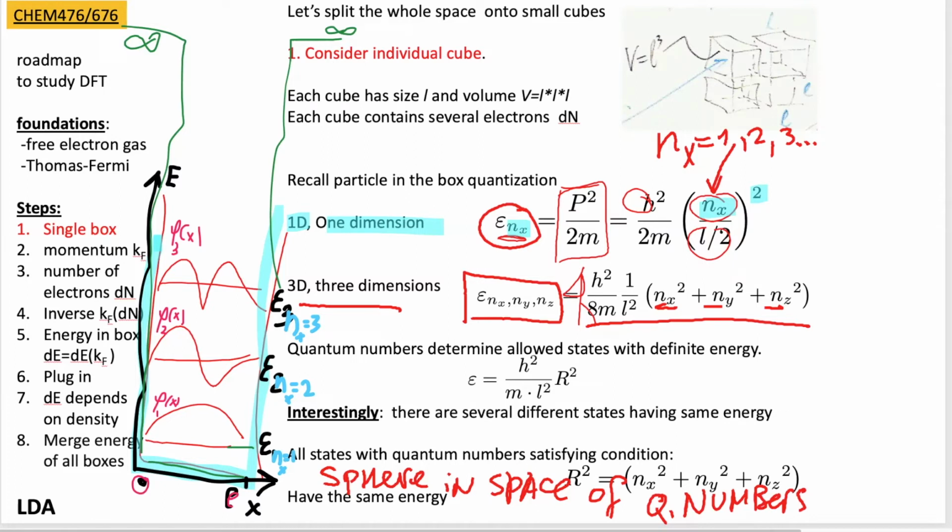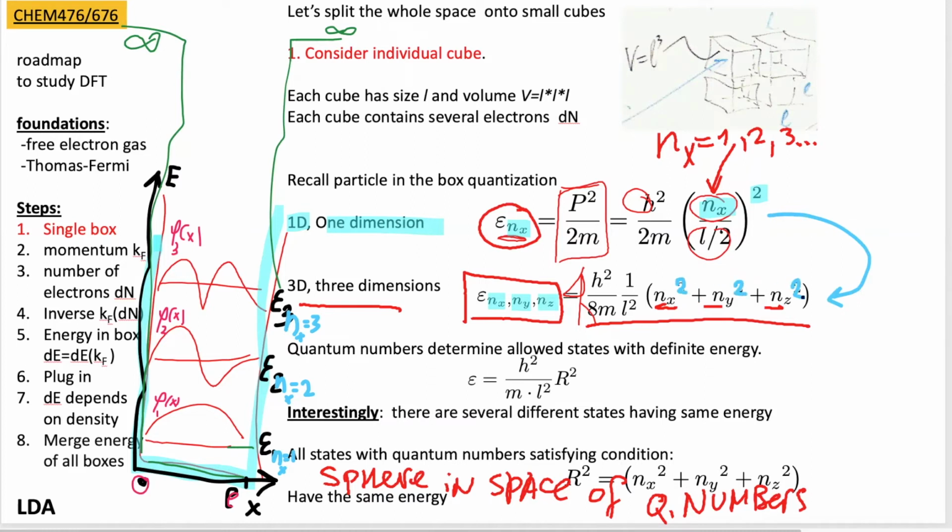Now our space is three-dimensional, and our artificial universe is three-dimensional. If our box is not one-dimensional but three-dimensional, then this equation will have three independent quantum numbers corresponding to motion in x, y, and z, and the previous equation will be updated, so it will be the square of each of these quantum numbers.